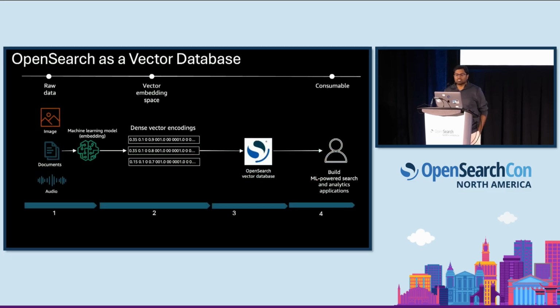Now, what role does OpenSearch as a vector database play in this? OpenSearch as a vector database has the ability to build, store, scale, manage, and search vectors at a low latency and optimized cost. All these millions of vectors that are generated by these models need to be persisted and scaled.